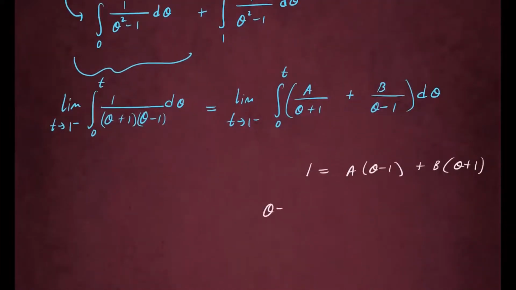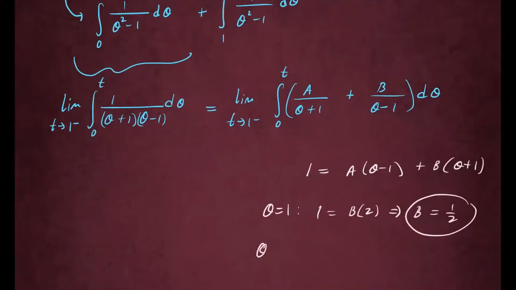So if I choose theta to be 1, then this goes to 0. So you'll have 1 is equal to b of 2. So that would be b times 2. That would be b is equal to 1/2. So b is 1/2. And then pick theta is equal to -1. So this will disappear. So you can solve for a.